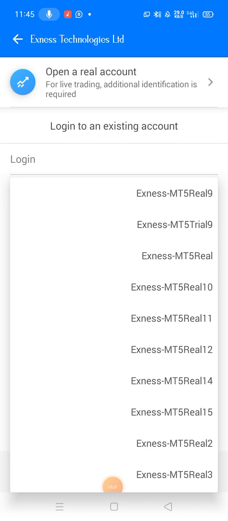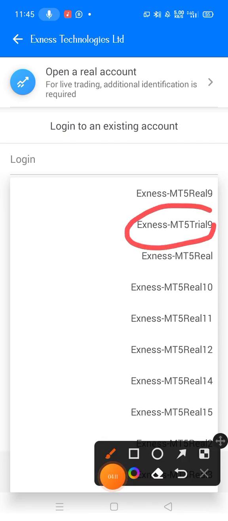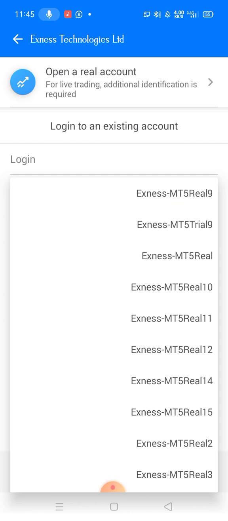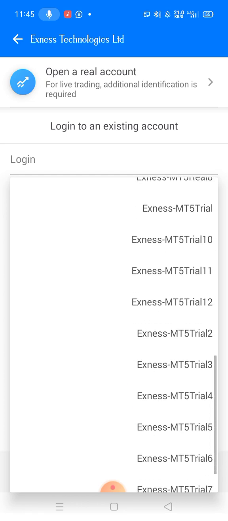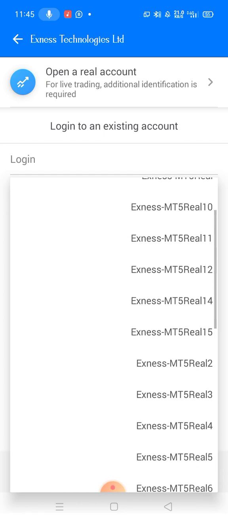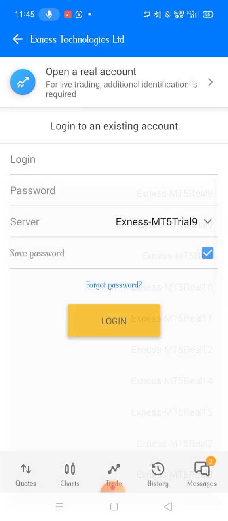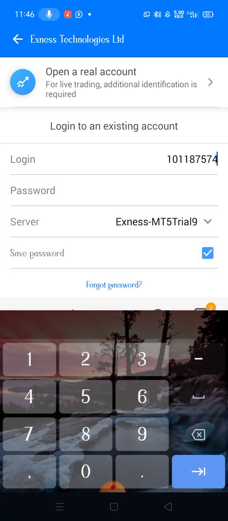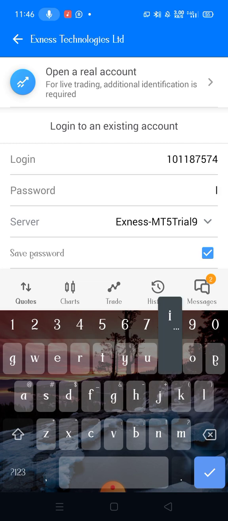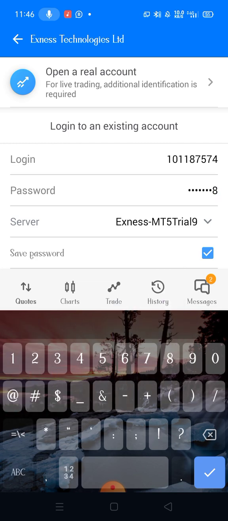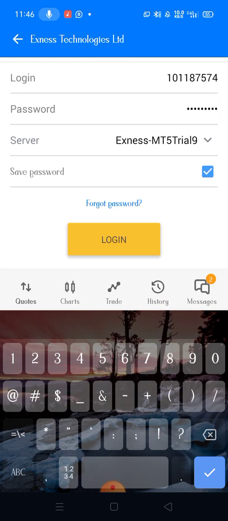You see? And remember, this was what we saw on our account: XNES MT5 trial 9. Take note of it, because there are lots of trials that you can see. So you take note of the one attached to your account. We click on it, paste the login, then we log in.